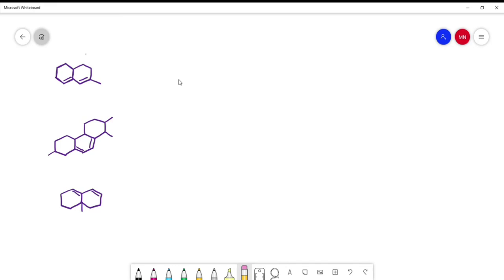Now let us do some problems for the calculation of lambda max for hetero and homoannular dienes. In the first case, you have to identify which system this is, heteroannular or homoannular. This diene component happens to be in two different rings, so obviously this will be a heteroannular diene.